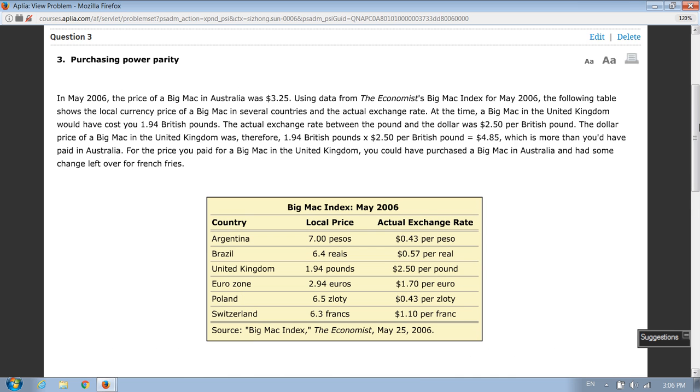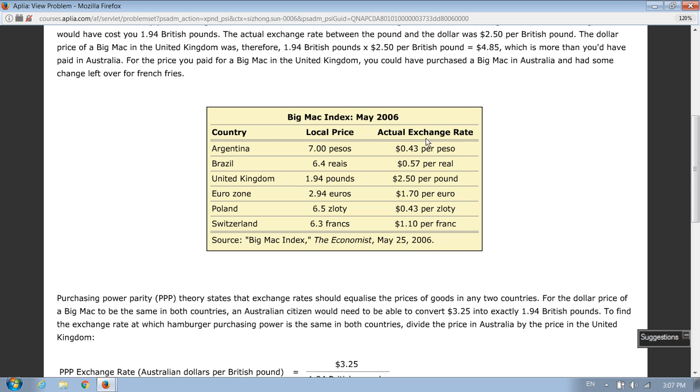Purchasing power parity. In May 2006, the price of a Big Mac in Australia was $3.25, and using data from the Economist's Big Mac Index for May 2006, the following table shows the local currency price of a Big Mac in several countries and the actual exchange rate. Okay, so we are told this data table.